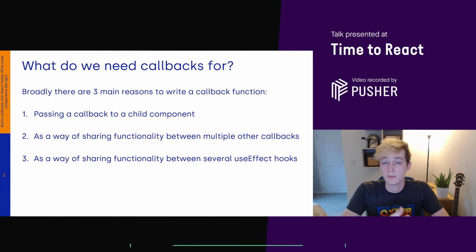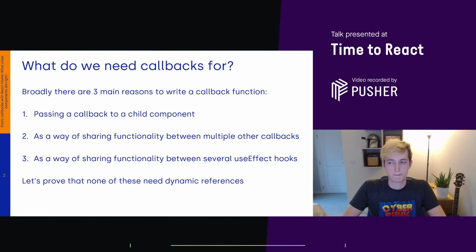And we might write a useCallback for that so as we don't break our dependency cycles. And as a way of sharing functionality between several useEffect hooks, maybe we've got the same situation with many useEffect hooks and we want to have the same actual function happening. Okay, let's go through these one by one and see if they would work with a static callback.